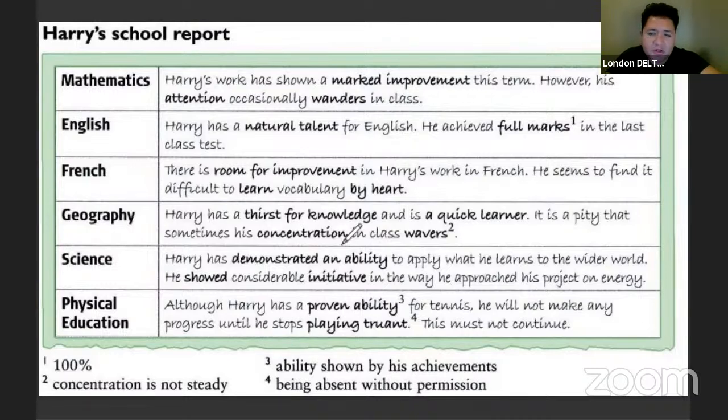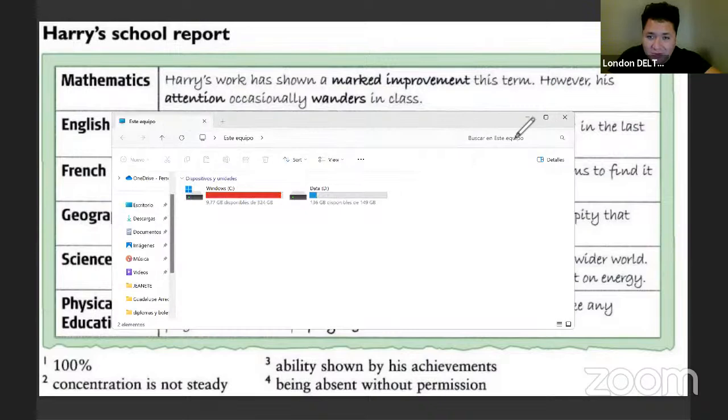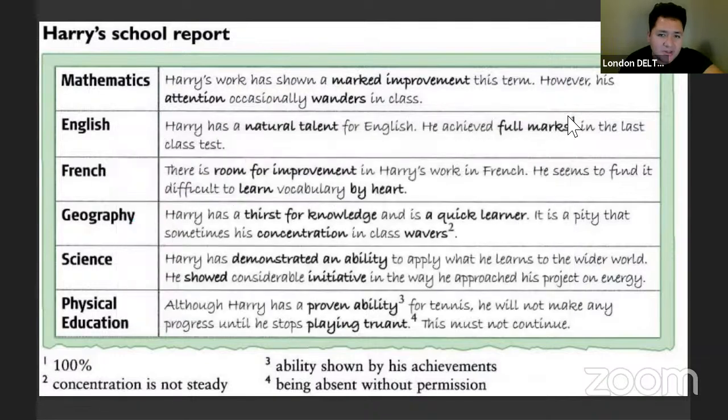So you see some expressions are very sophisticated. Instead of saying you don't do a good job, or instead of saying you need to improve, you see this word is more discreet. You're more careful, right? You are empathetic. See, there is room for improvement.